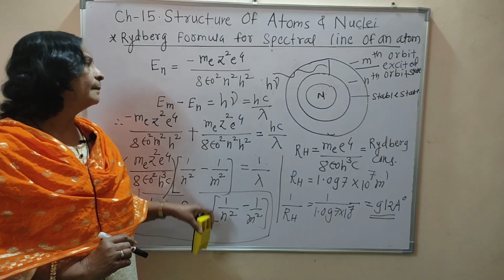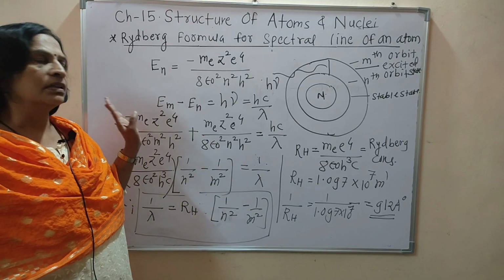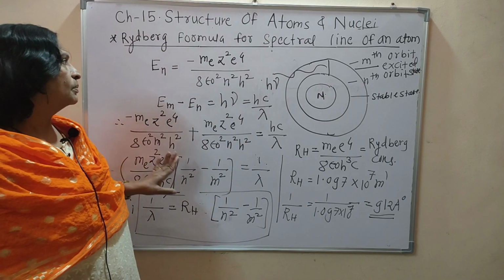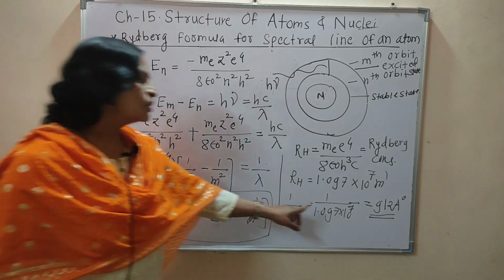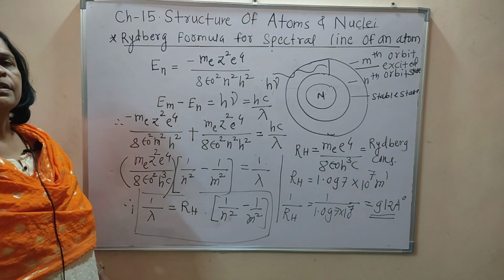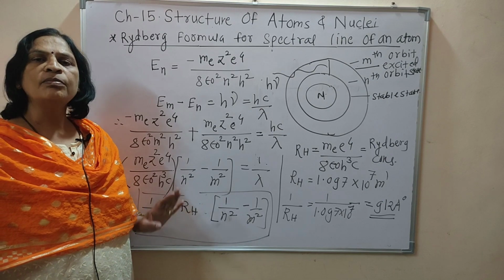Understood? I hope all of you understood the concept about this formula, and this is the shortcut you have to use many times: 1 by R is equal to 912 Angstrom.